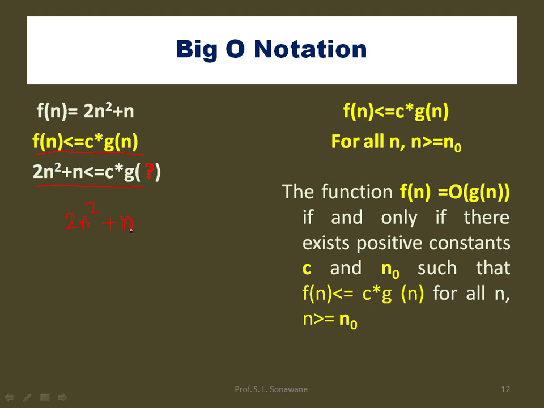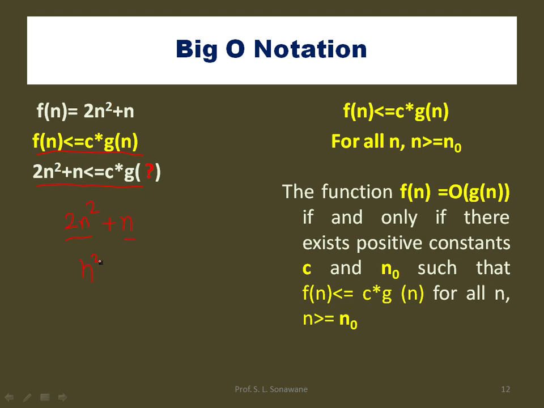Now, in this case there are two terms. The first term is n square and the second term is n. Between these two terms, n square is the largest term. Now if n square is the largest term, we have to find the upper bound, where g of n is the upper bound.